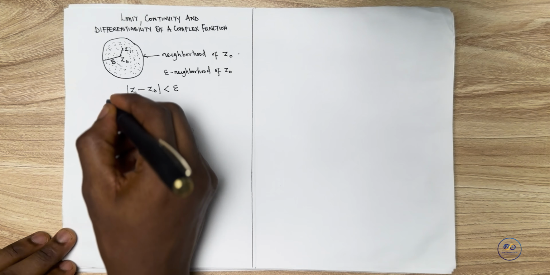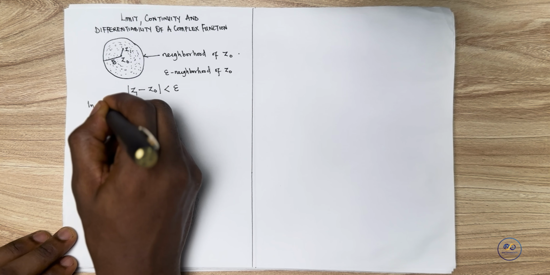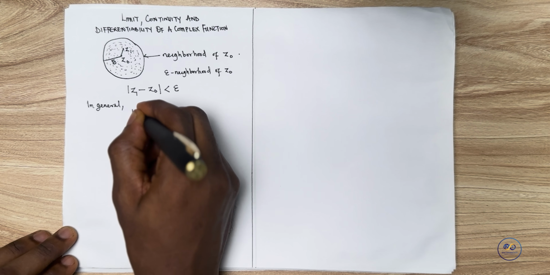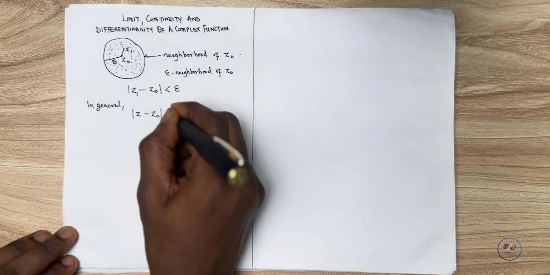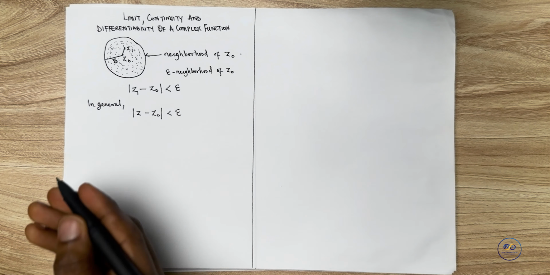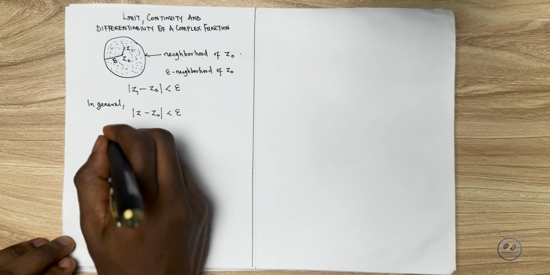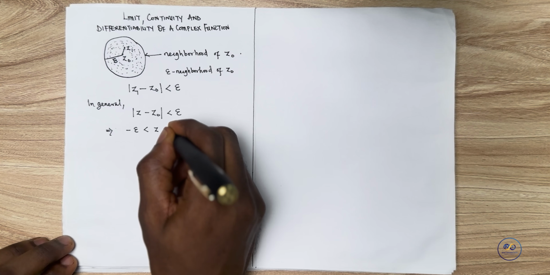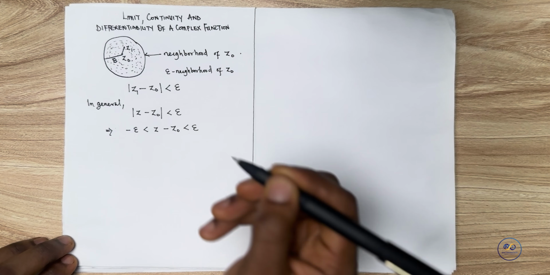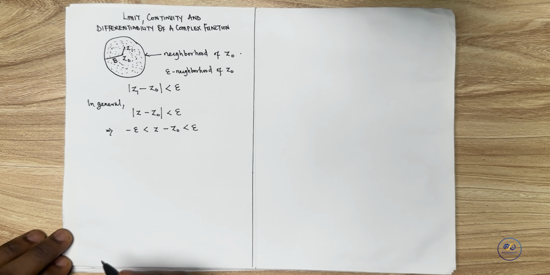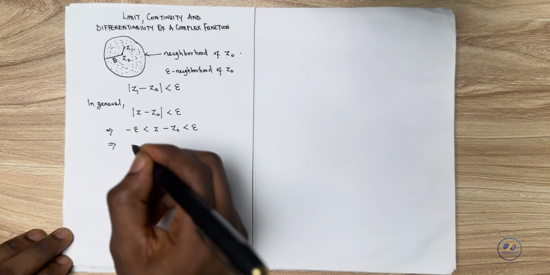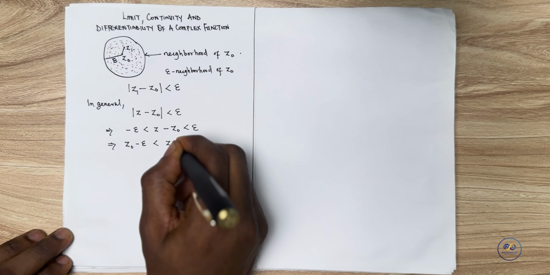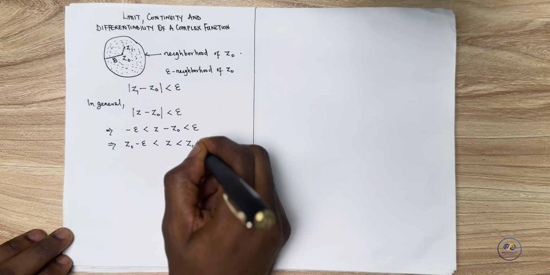And of course, you could be arbitrary in nature and say that for any point z within this cluster, |z − z0| < epsilon. Then, applying the property of the absolute value, we could split this inequality into −epsilon < z − z0 < epsilon, such that if you add z0 to all sides, you have z0 − epsilon < z < z0 + epsilon.